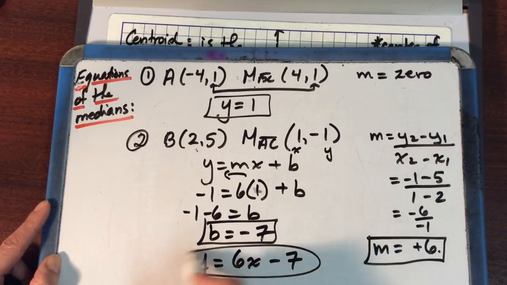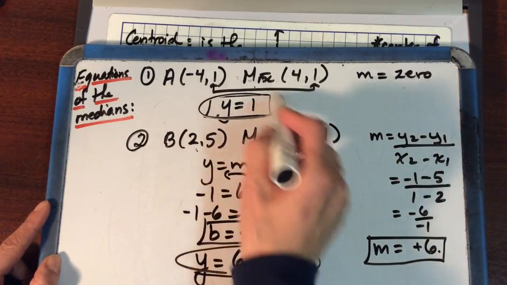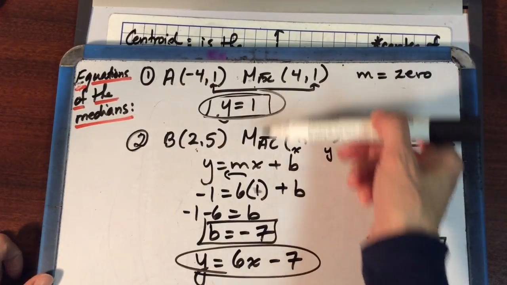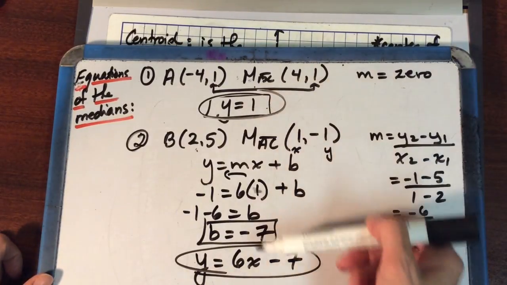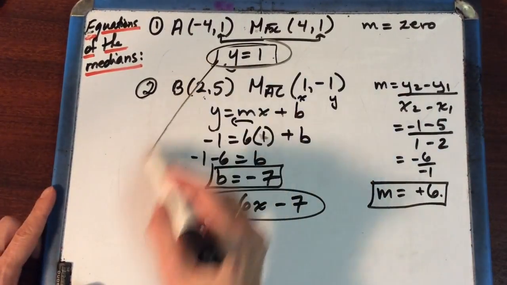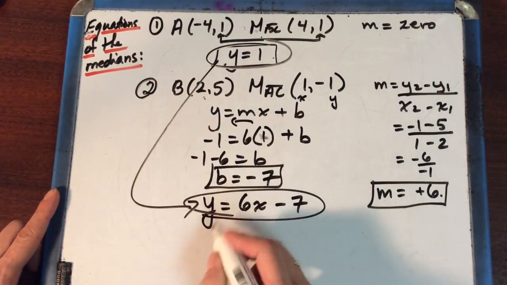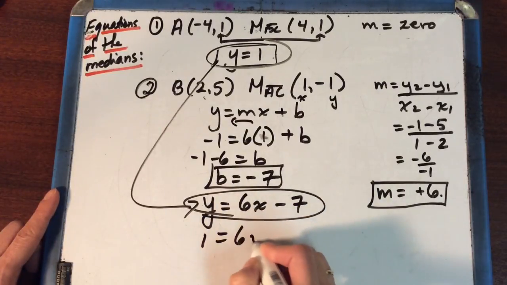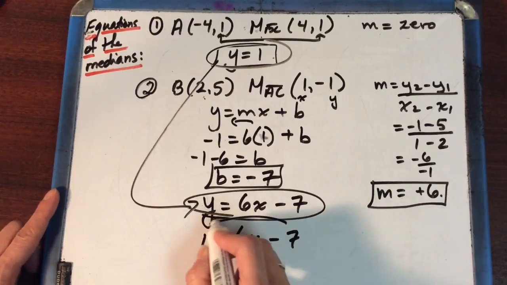So there we have the equation of one line, and we have the equation of the other. Now that's very straightforward, and so all we need to do really to find the point of intersection is to use substitution or elimination, and this one is going to be a very obvious one. We're going to take the y and we're just going to put it right in here. y is equal to 1. 6x minus 7, bring that to the other side.